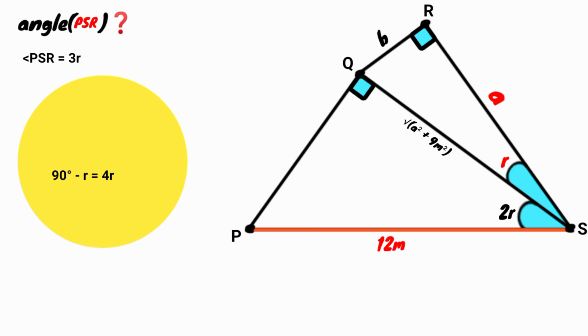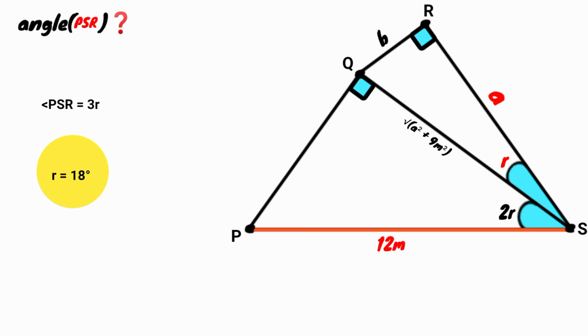Take negative R to the right hand side of the equation. 4R plus R is 5R. Divide both sides of the equation by 5. Here 5 cancels 5, while here 90 degrees over 5 is 18 degrees. So R equals 18 degrees.